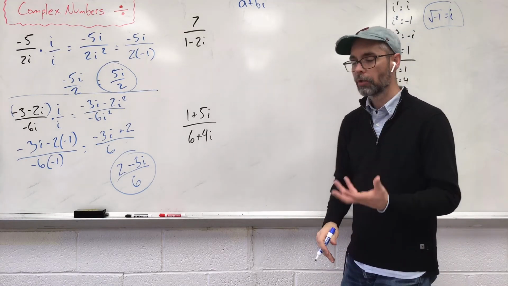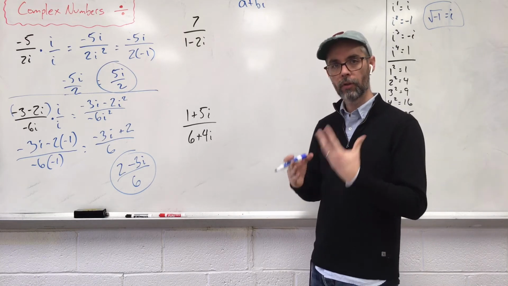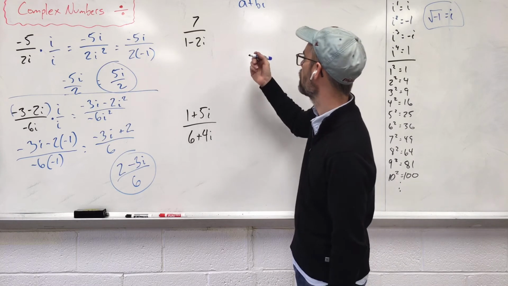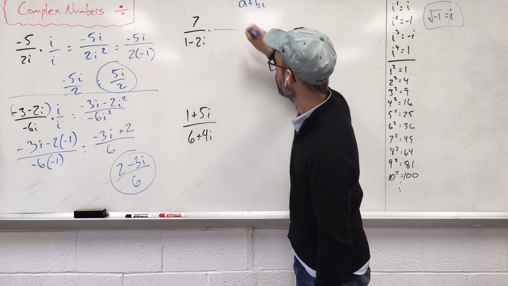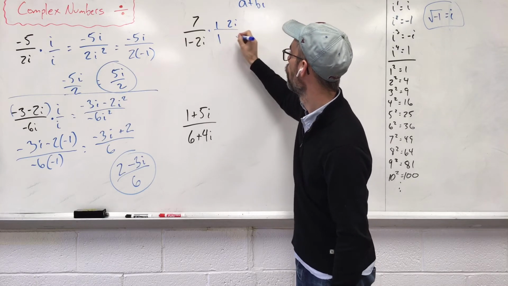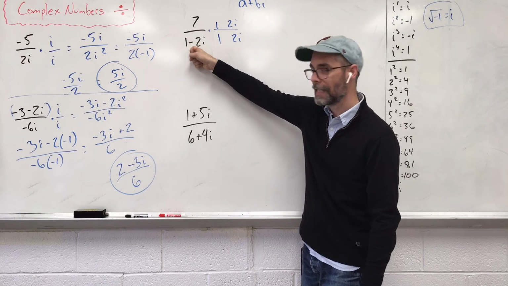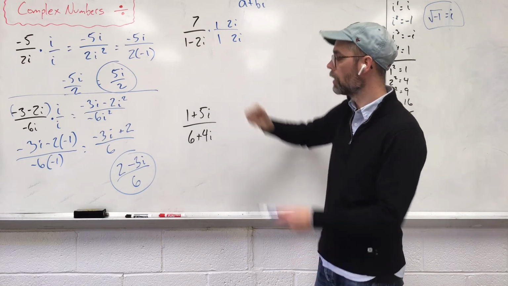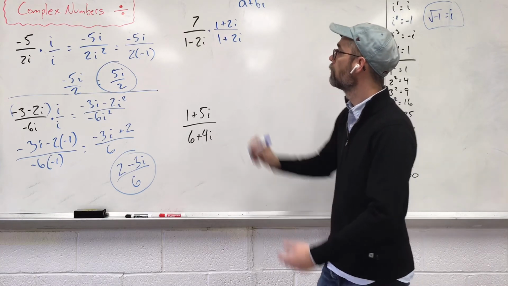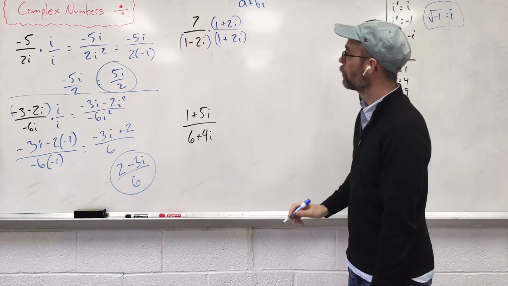You have to multiply by its conjugate. So we're looking for something that's very similar to the denominator, but with one small little change. So multiply by a value of 1. That 1 is going to be a 1 and a 2i, 1 and a 2i. What makes the conjugate is we have a minus here. I'm going to change the sign in the middle to the opposite, to a plus. Now, like polynomials, let's distribute around.